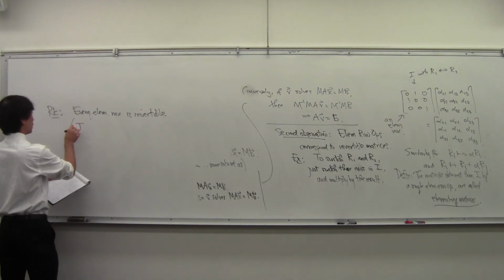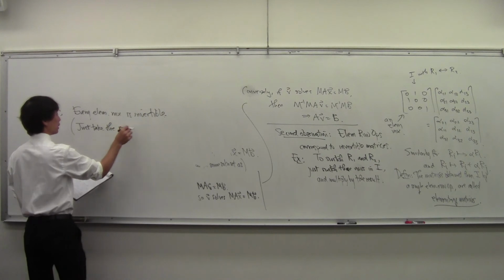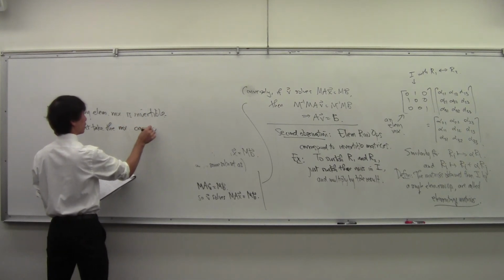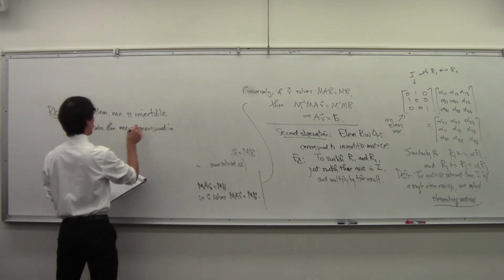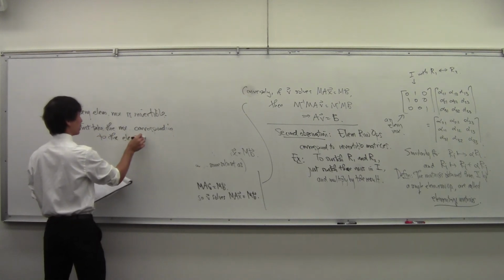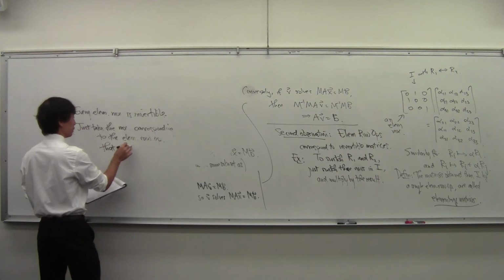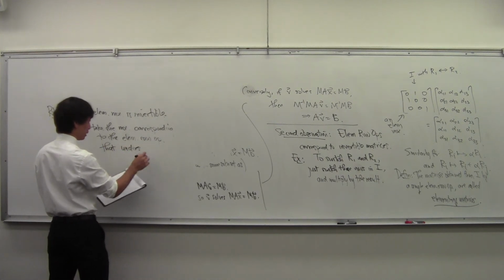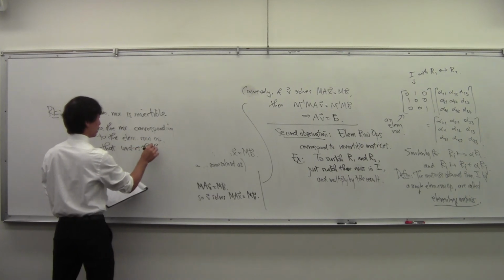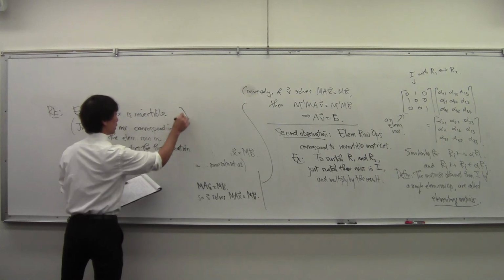Just take the matrix corresponding to the elementary row operation that undoes the other.